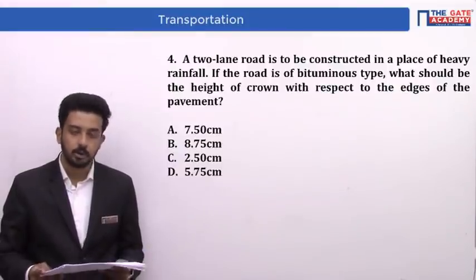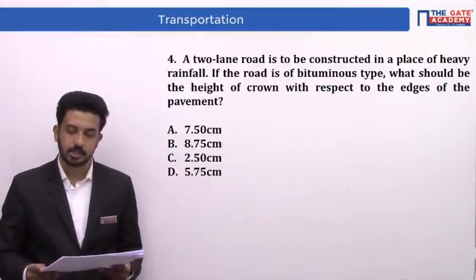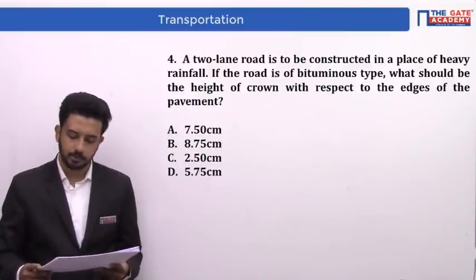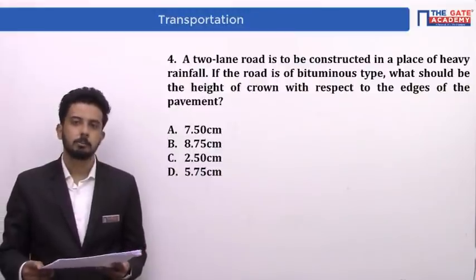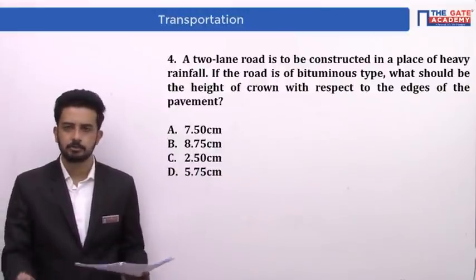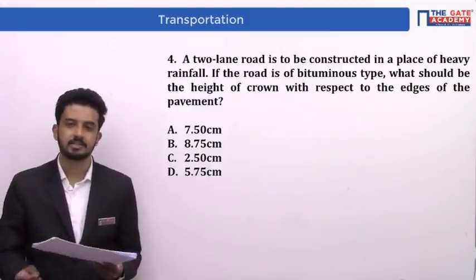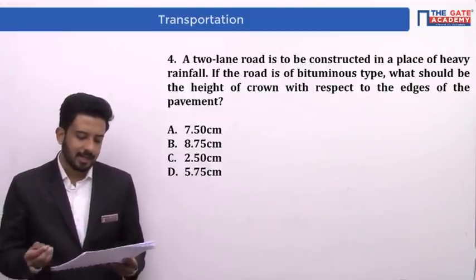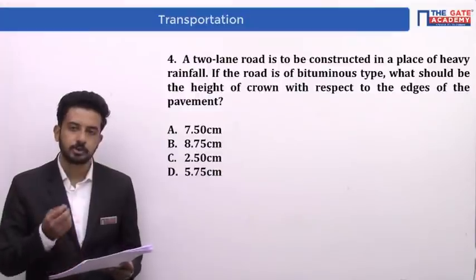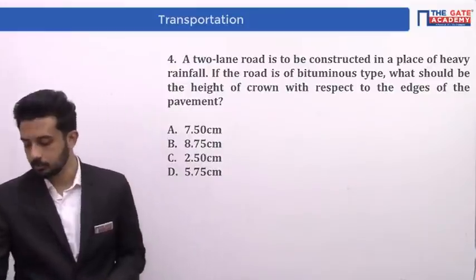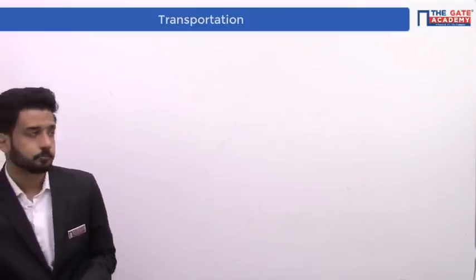A two-lane road constructed in a place of heavy rainfall, and they told that the road is of bituminous type. The road can be of cement, concrete, macadam, anything. They told that it is of bituminous type, and what should be the height of crown with respect to the edges of the pavement. Okay.